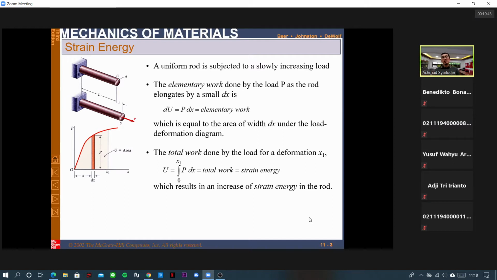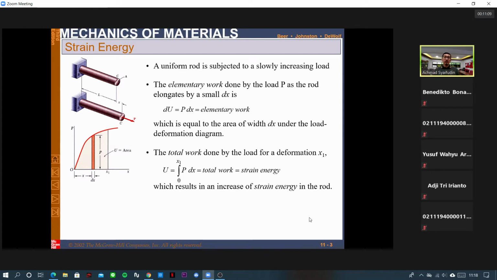What we discuss here only takes place in the elastic condition, or elastic area. If the condition is in the plastic area, we cannot use the strain energy method.